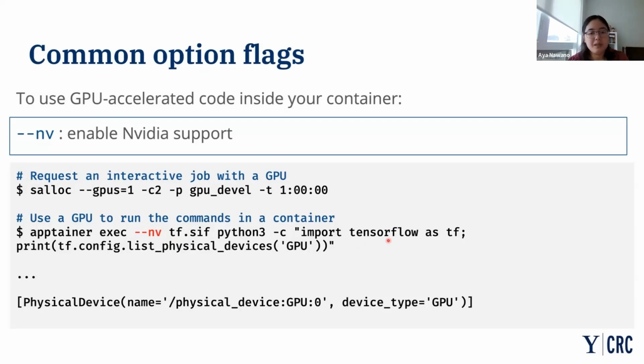Here's an example. So running this command allows TensorFlow to detect GPUs, and typically you would see an output indicating the presence of a physical GPU device like this. So this confirms that the GPU is recognized and can be used for your computations within the container.